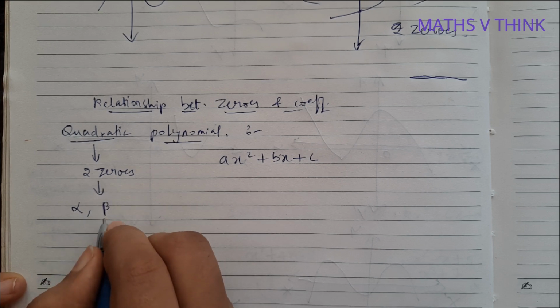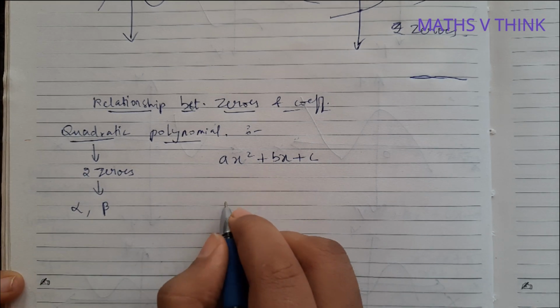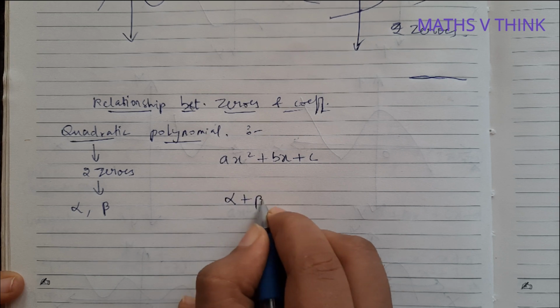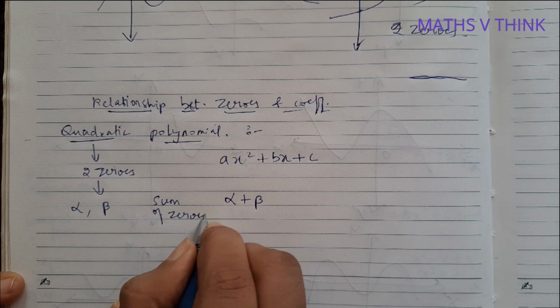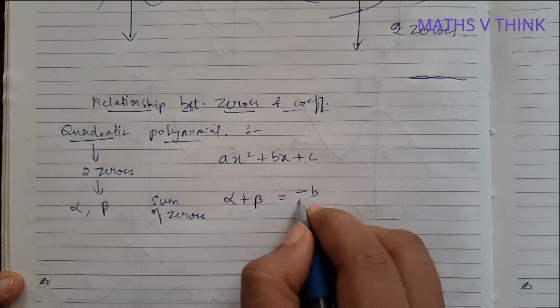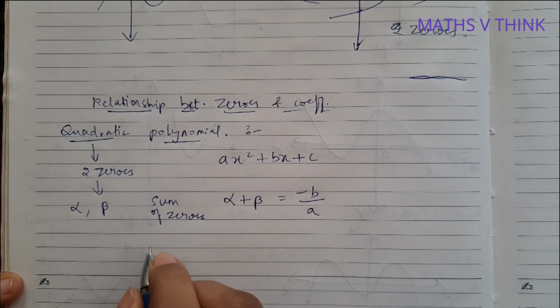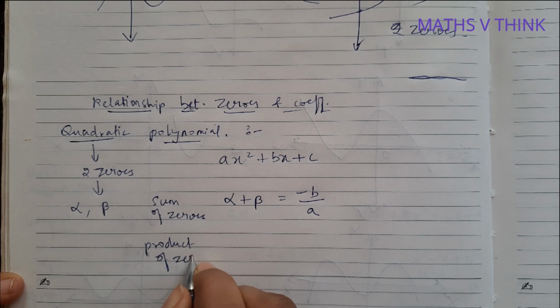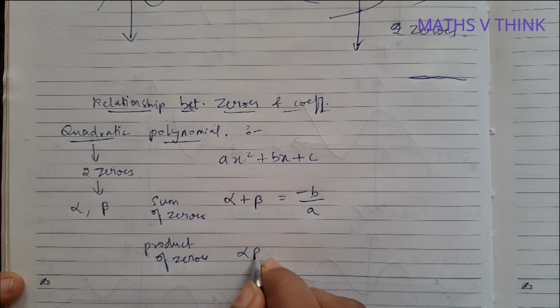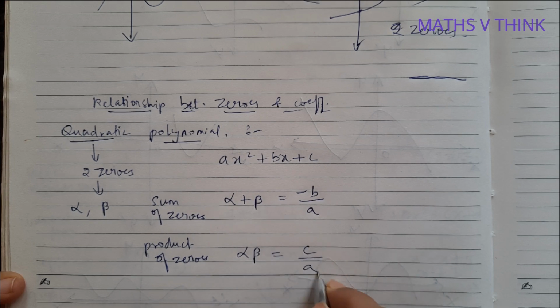We have the formula: alpha plus beta, nothing but sum of zeros, is minus b by a, and product of zeros, alpha into beta, is c by a.